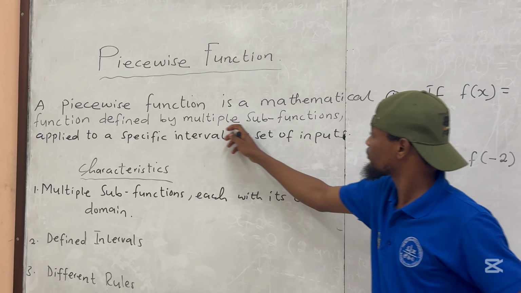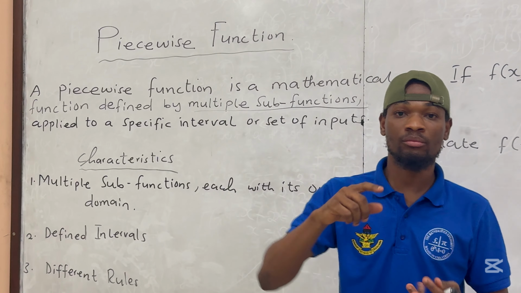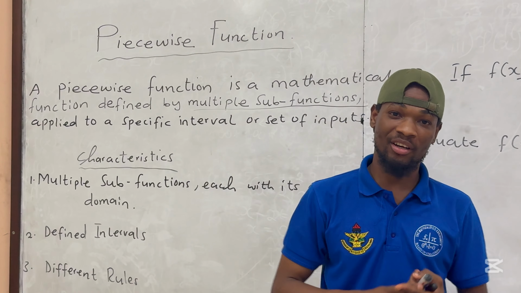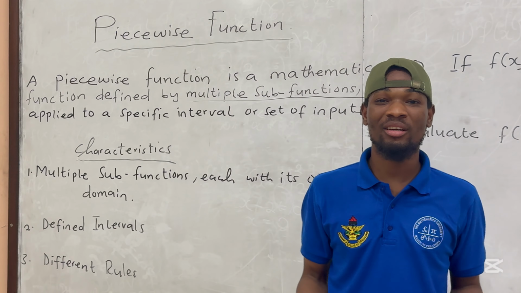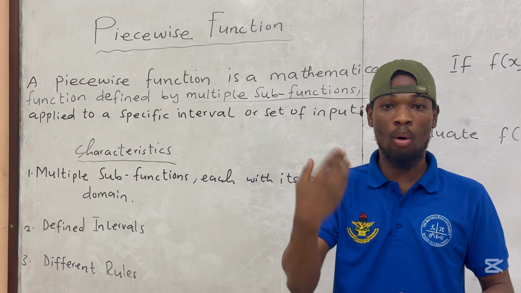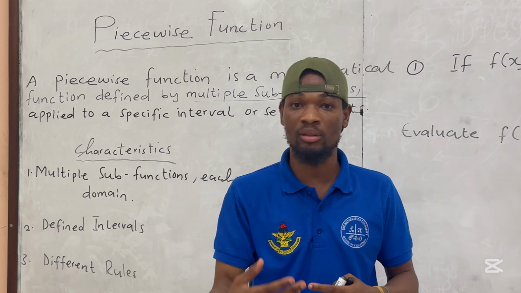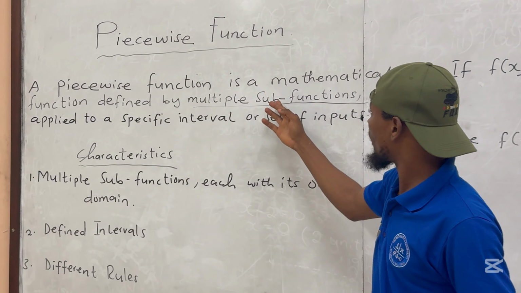So I'm going to explain what we mean by multiple. Multiple means the function could consist of either 2, 3, 4, 5, 6, as many as you can count. You see, that's why we bring the word multiple, to mean that it's more than necessary. Okay. And here you have sub-functions.